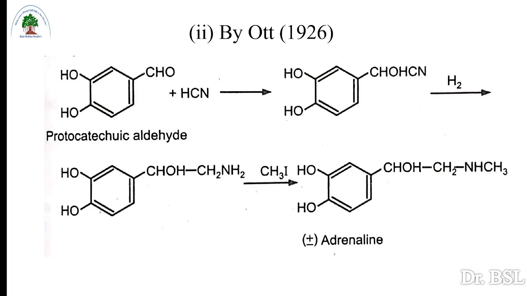Then the second synthetic method is given by Ott in 1926. Here protocatechuic aldehyde is the starting material, and this protocatechuic aldehyde reacts with hydrogen cyanide to give this cyano derivative.